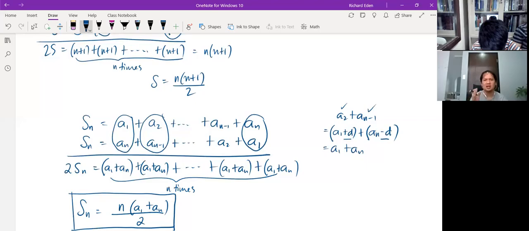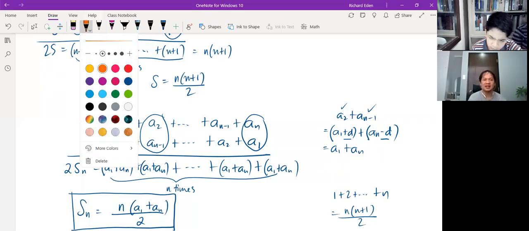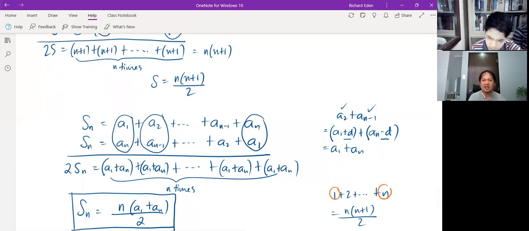It's based on the Gaussian pairing tool. So you add the first and last terms. So parang in 1 plus 2 plus dot dot dot plus n, you have the formula n times n plus 1 over 2. So if you add the first and last, 1 plus n, that's going to be n plus 1. That corresponds to adding a1 and an.